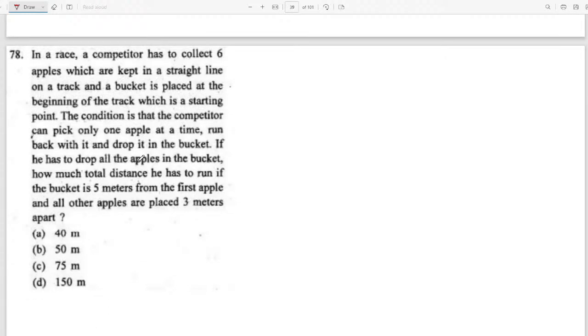This is strictly not a geometry question, but it's time. People who are yet to post their answers, please post. Okay, two have posted.